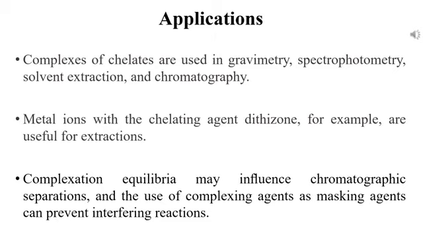They form colored complexes, so they can serve as a basis for the spectrophotometric or atomic spectrophotometric determination of metal ions. In gravimetric analysis, we can take the example of the nickel dimethylglyoxime precipitate.